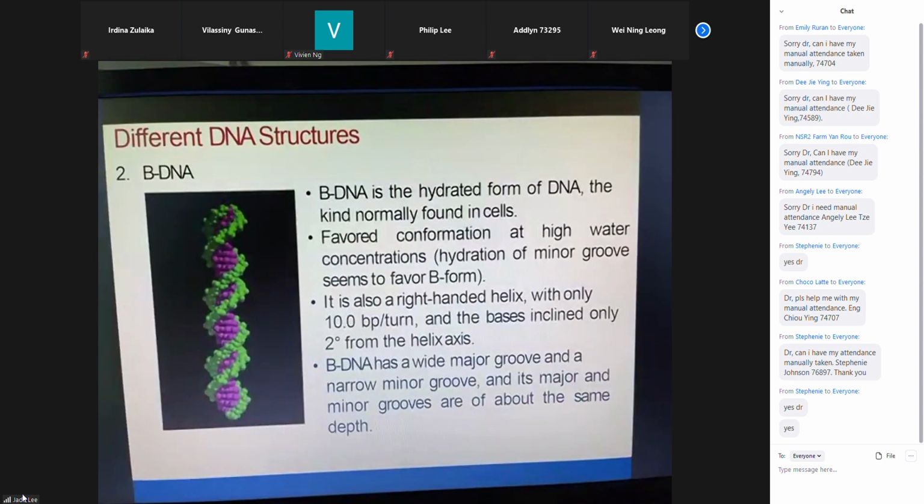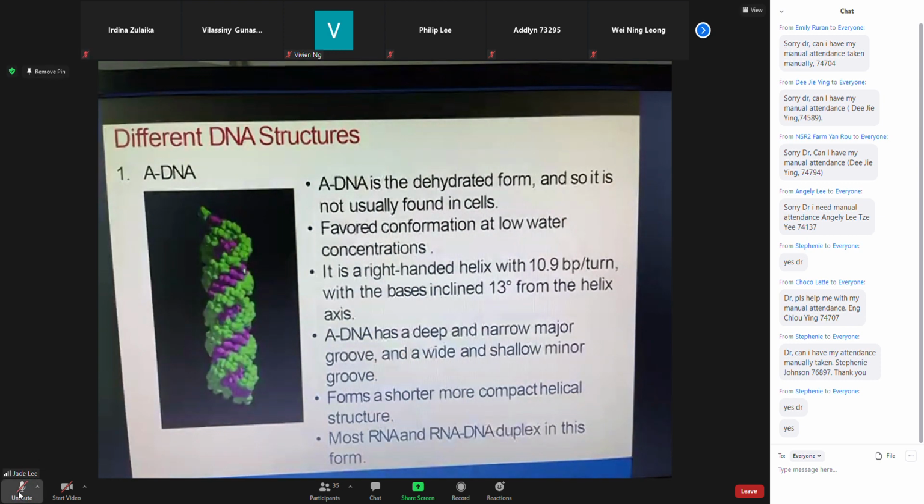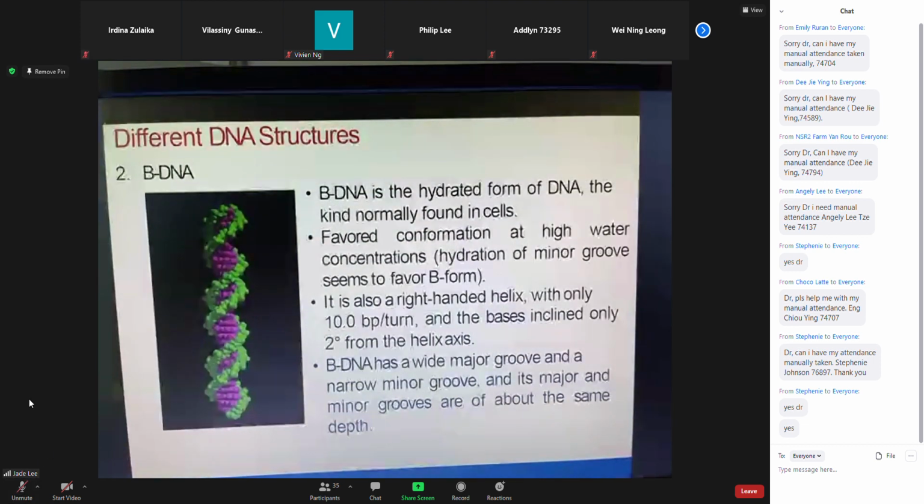So B DNA has the wide major groove. Right, big. Compared to this one, this is small. It shrinks. And the narrow minor groove, and its major and minor grooves are of about the same depth. Its depth is more or less the same, when it is dehydrated, when it is hydrated.